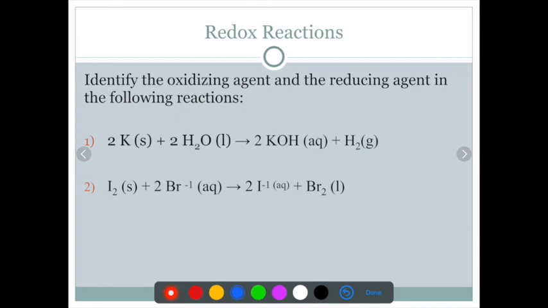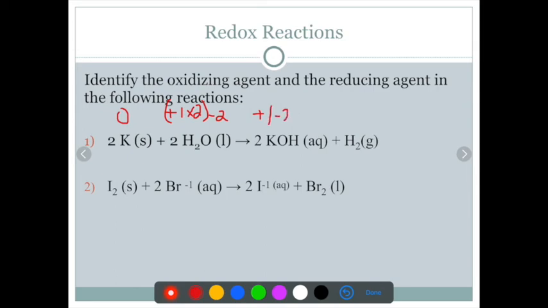Okay, so first we have potassium is all by itself, so it's 0. Hydrogen is with oxygen, so hydrogen is going to be positive. So positive 1, but there's 2 of them. And then oxygen is negative 2. Potassium is for an ionic compound, so we can just use its charge, which is a +1.